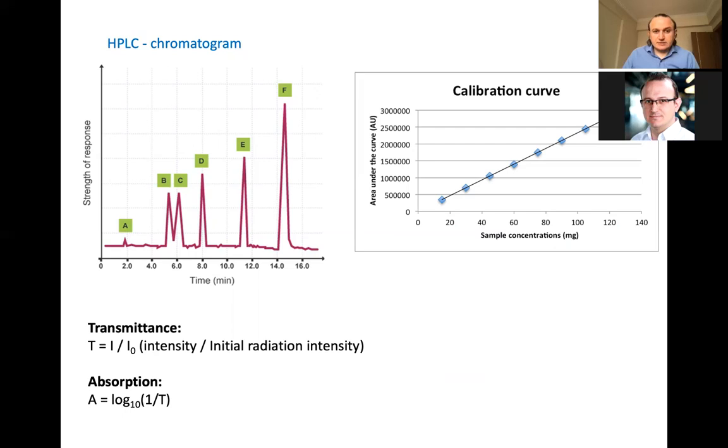And after separation, the separated components were sent to the detectors. There could be different types of detectors. One of the detectors was the diode array detector, which was quite like the visible spectrophotometer. Again, we are just observing the light absorbance or transmittance.